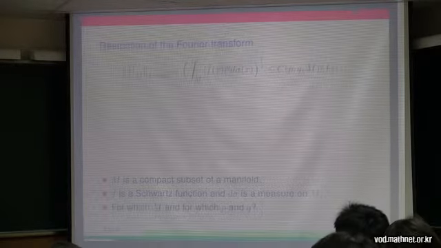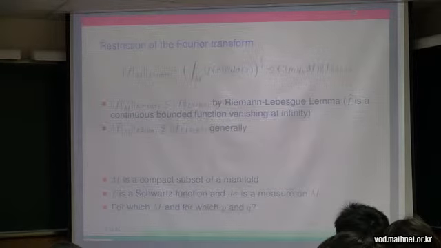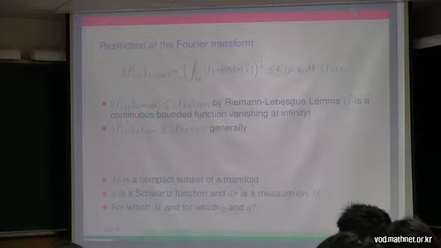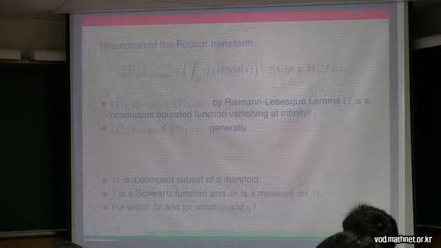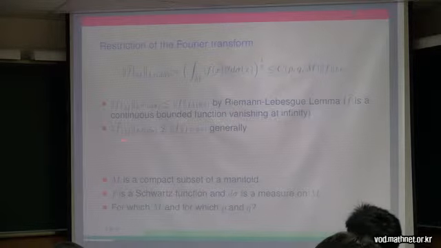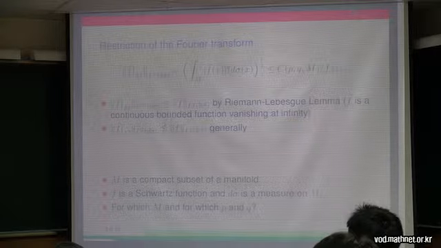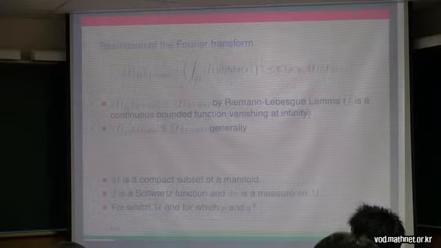Again, the L1 to L infinity estimate is a trivial estimate, but generally this estimate fails because M is a measure zero set, so there is no meaningful way to restrict.